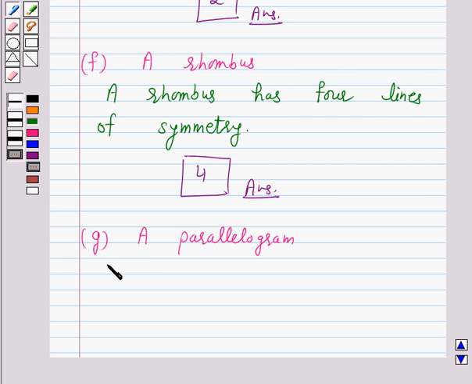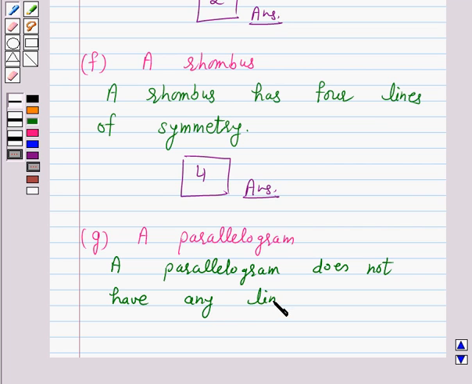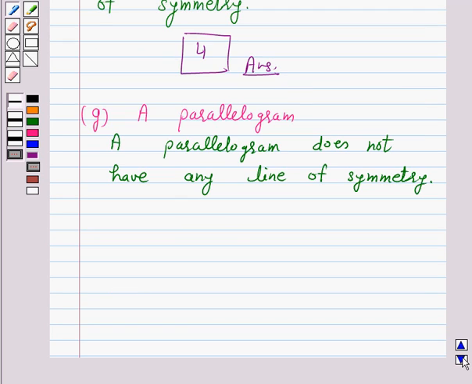Hence a parallelogram does not have any line of symmetry. That is, the number of lines of symmetry for a parallelogram is 0. So this is the answer for this part.